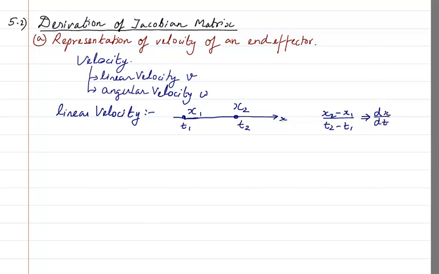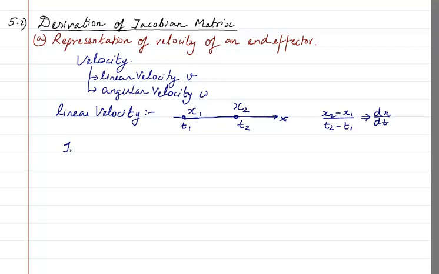So if this is the direction x, then the velocity in x is given by dx by dt, and the direction is the same, x. This represents the speed or velocity with which the end effector is moving in the x direction. This is only one dimension.